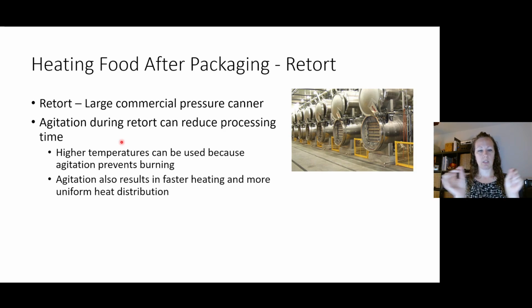But with the cans being agitated, the liquid inside is being agitated as well, and you reduce the amount of time that any one particle is up against the side of the can and prevent burning and sticking to the sides. Overall, it can result in faster heating and more uniform heat distribution.